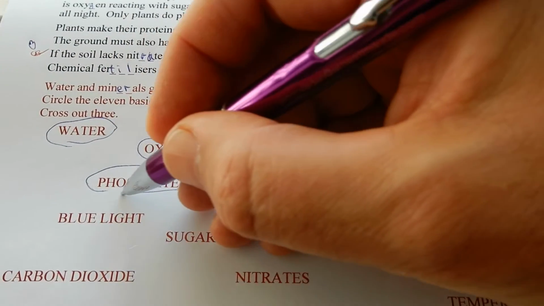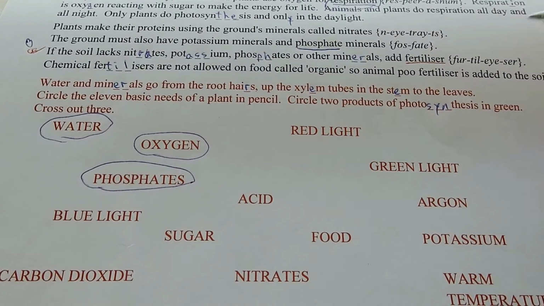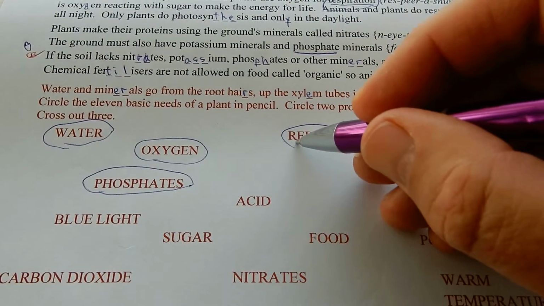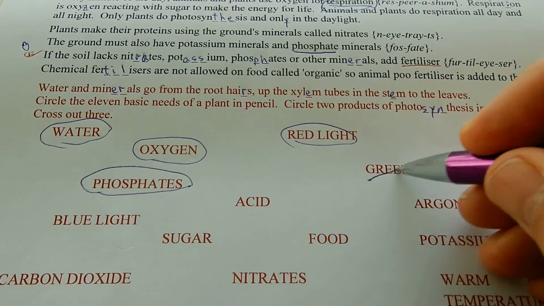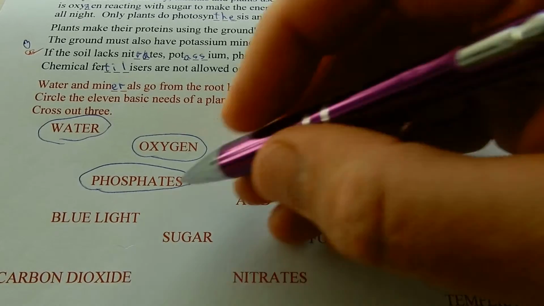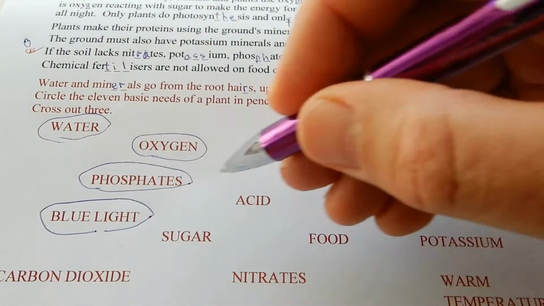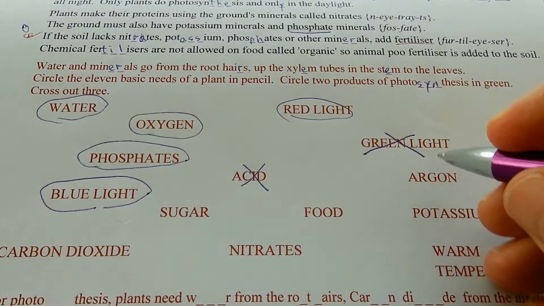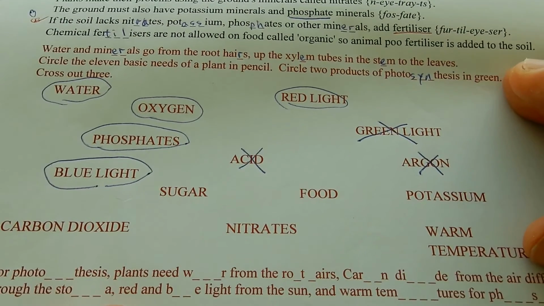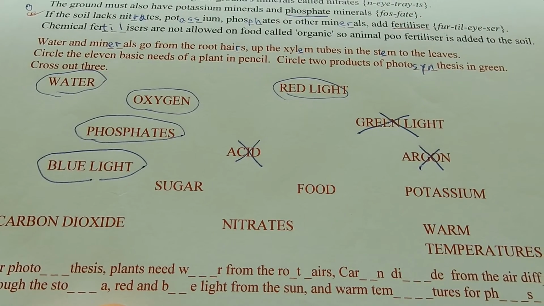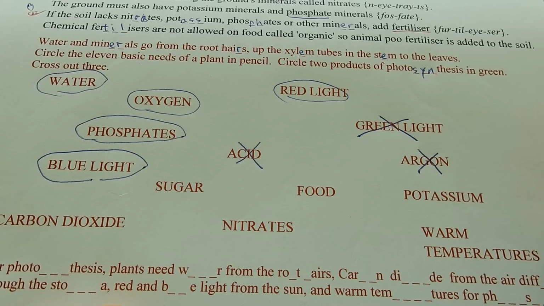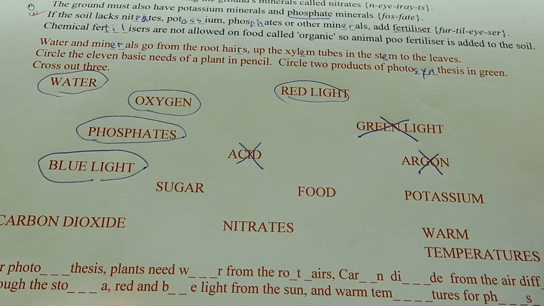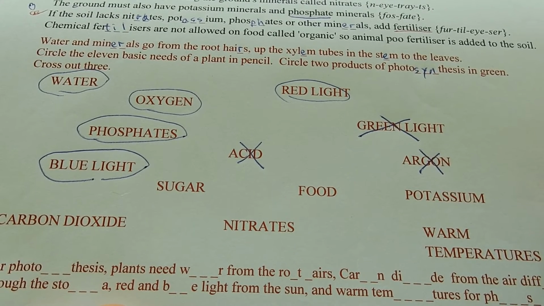Phosphates, they need phosphates for their minerals. Red light, yes, they need red light. Hold on, where's green light? Green light, no, they don't need green light. Blue light, they need blue light. Acid, what? Well, that's chemistry. Argon, no, that's a noble gas that's in air, 1%, not needed by anybody. Hold on, how many do I have to cross out? Cross out 3. Oh, good. Well, I've done me 3.